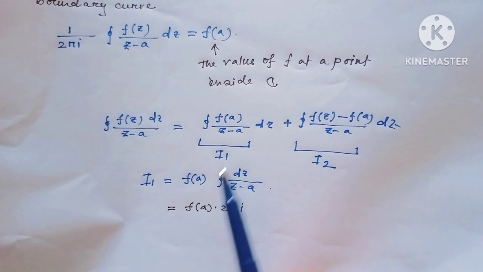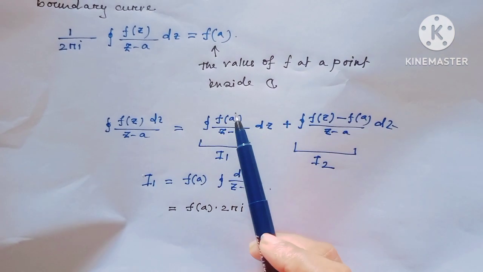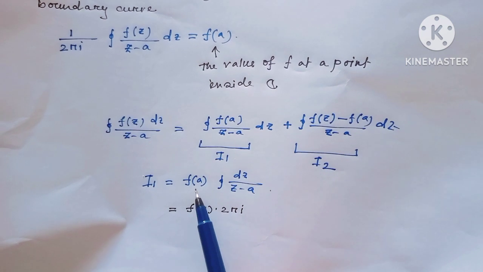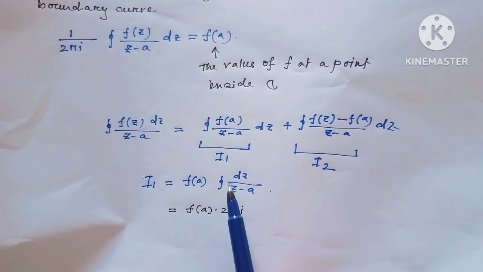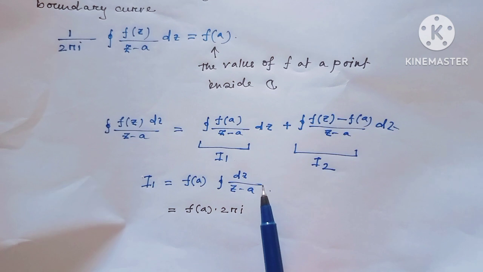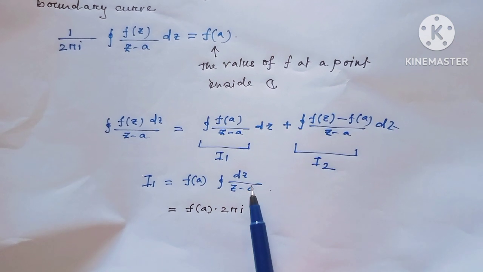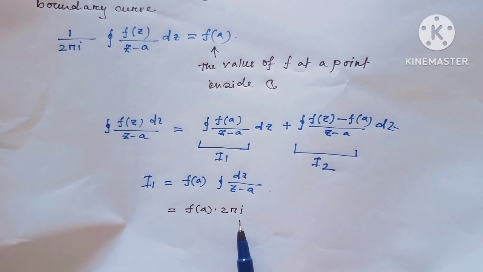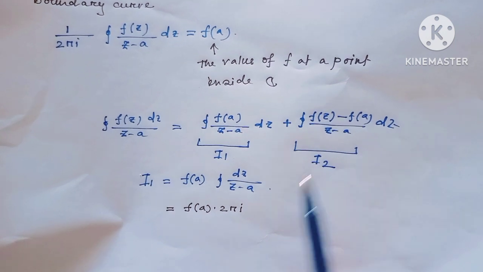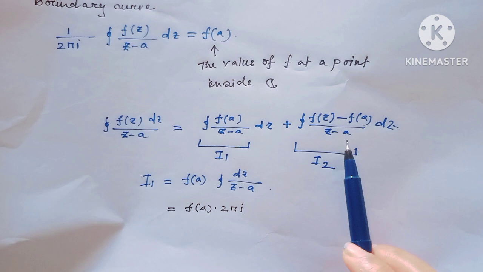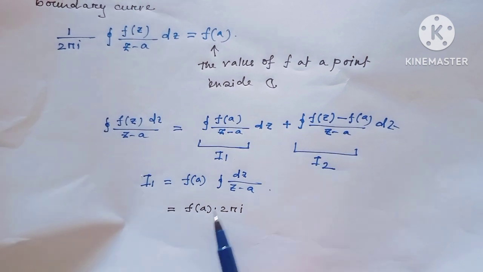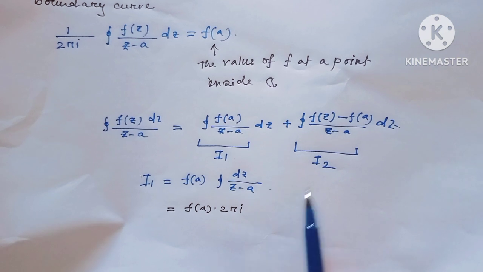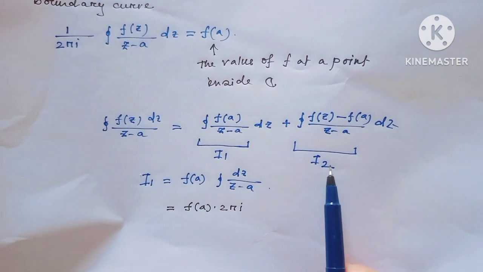Then for I1, since f(a) is a constant number, it can be taken out of the integration: f(a) times the integration of dz over z minus a, which is just 2 pi i. Next, to prove that the value of the integration is f(a) times 2 pi i, we have to prove I2 equals 0.